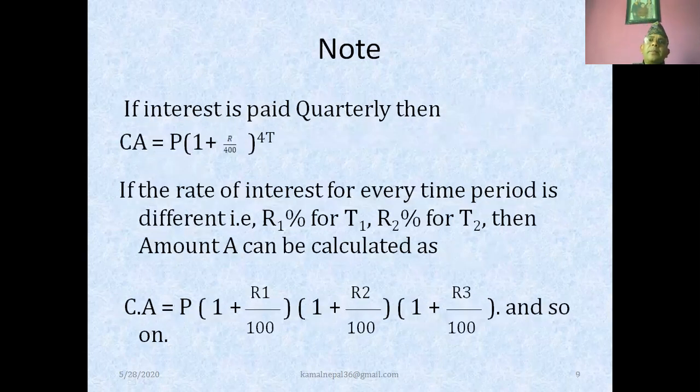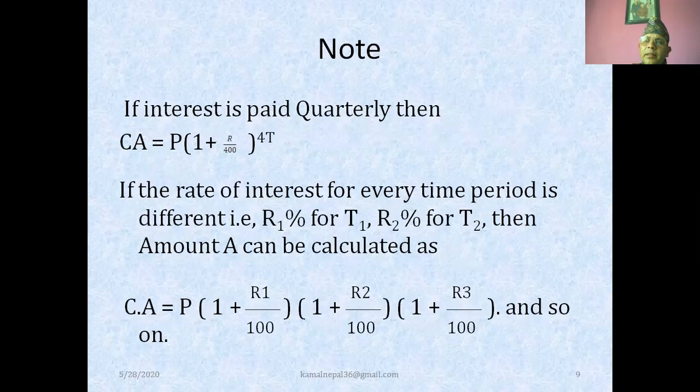Note, if interest is paid quarterly, then CI is equal to P times (1 plus R divided by 400) power 4T minus 1. If the rate of interest for every time period is different, that is R1% for T1, R2% for T2, then amount A can be calculated as this one.